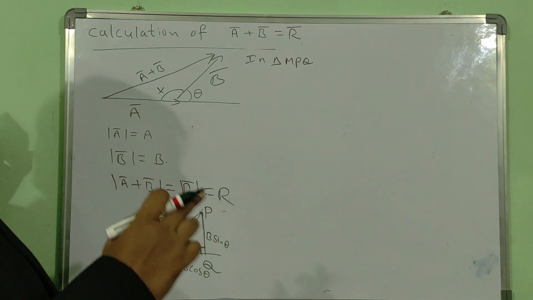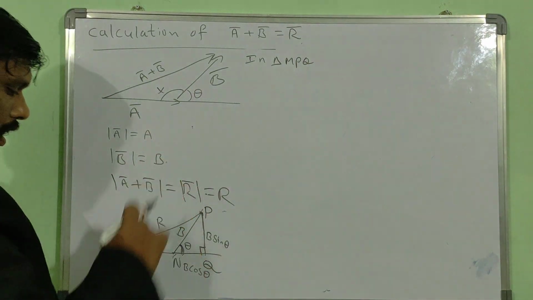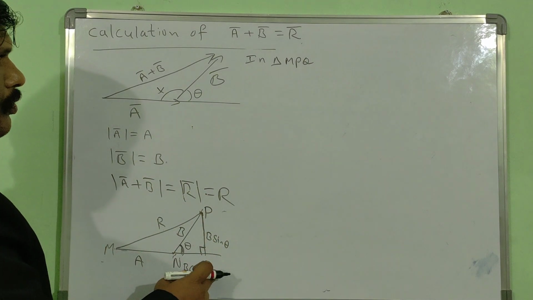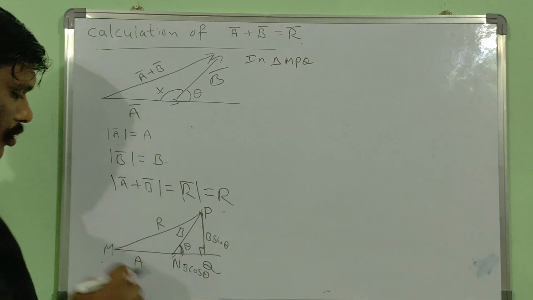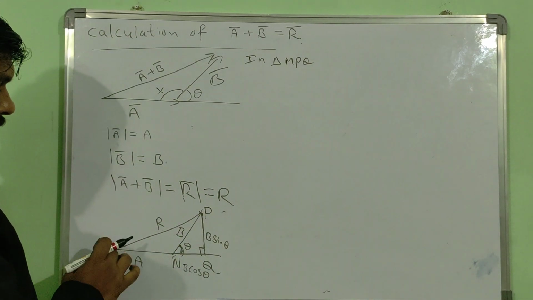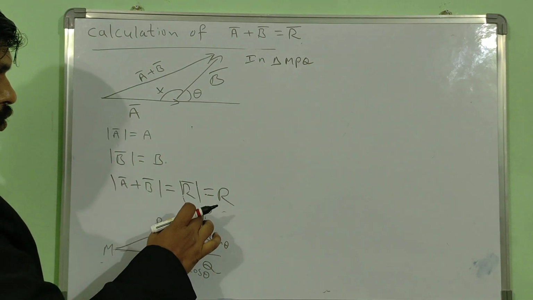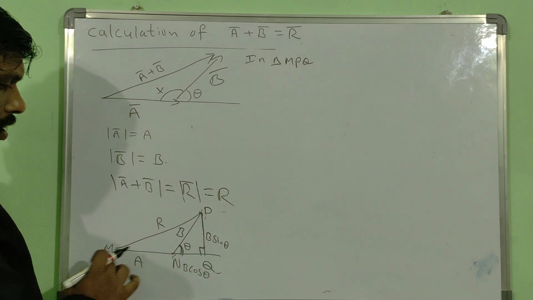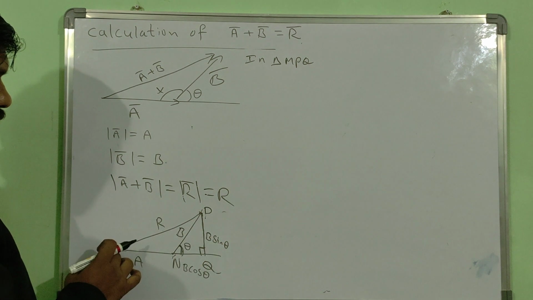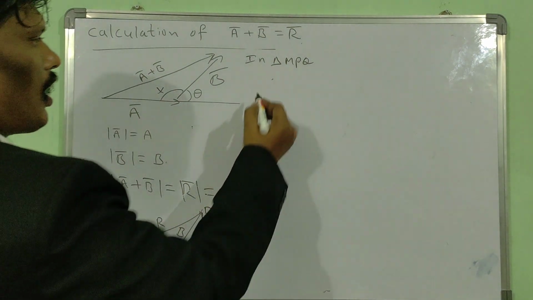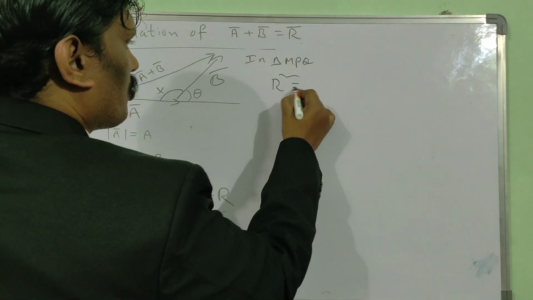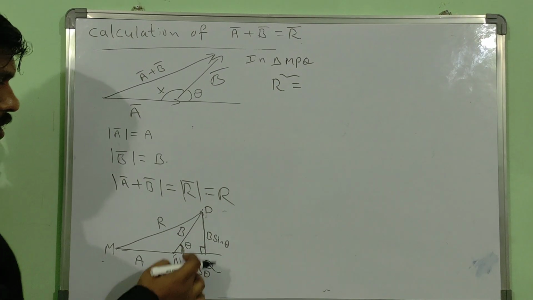In triangle MPQ, by the Pythagoras theorem, hypotenuse square is equal to side square plus side square.